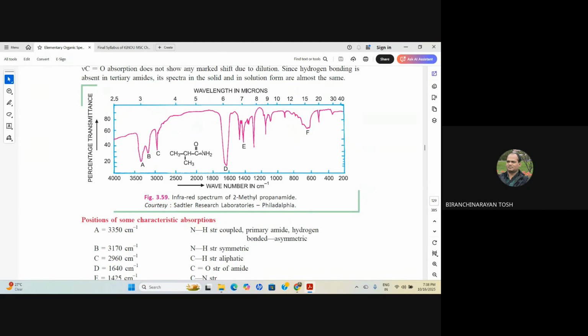The amide C double bond O does not influence the amine group to a large amount. If you have an amine, for example CH2 NH2, without the C double bond O, what peak will you observe? You will not observe this peak D. D is the peak for C double bond O stretching. So if it is an amine, this peak will not be there. The rest is the same.